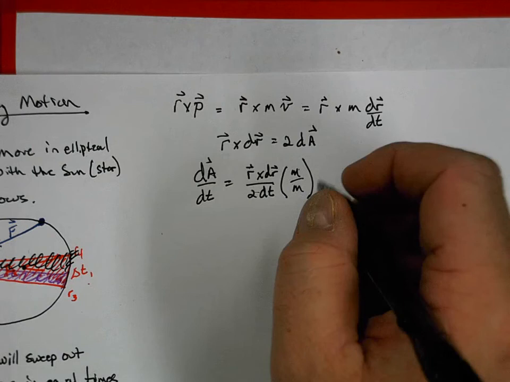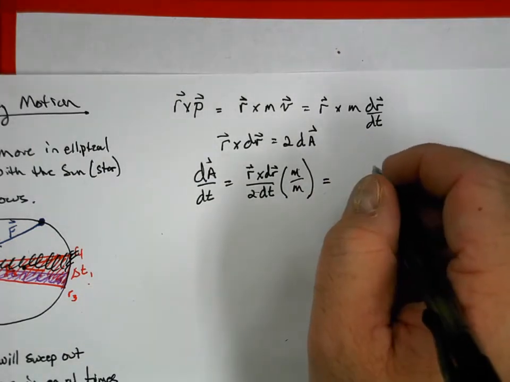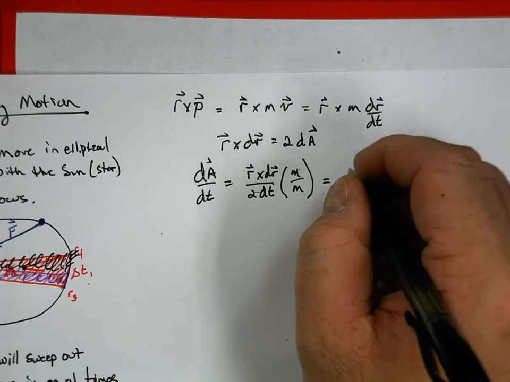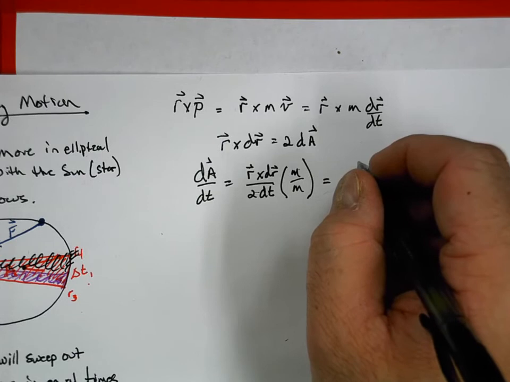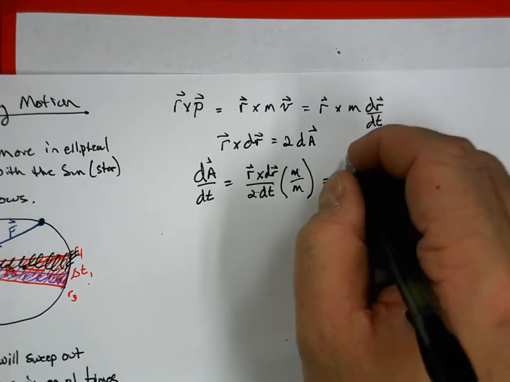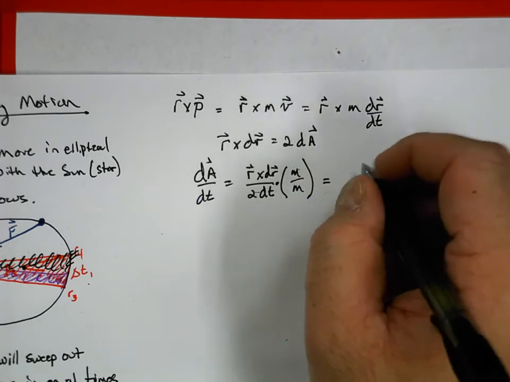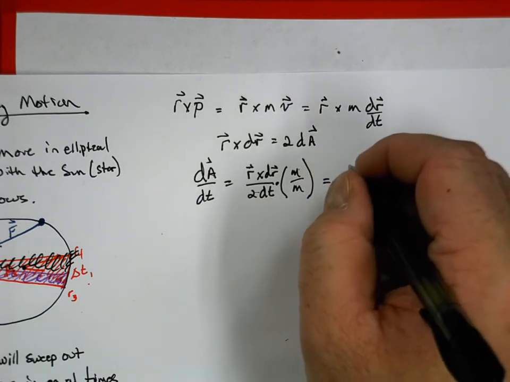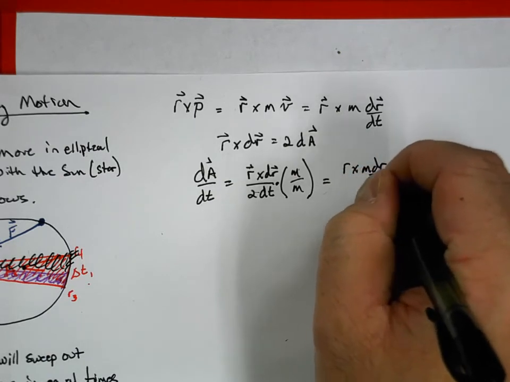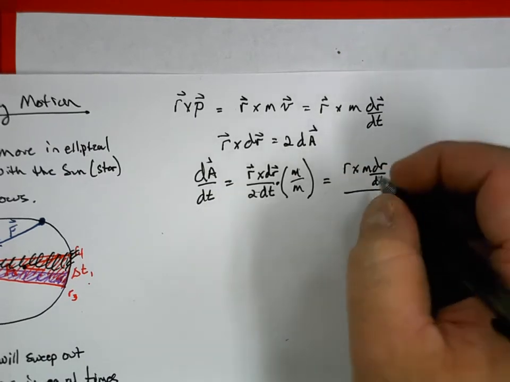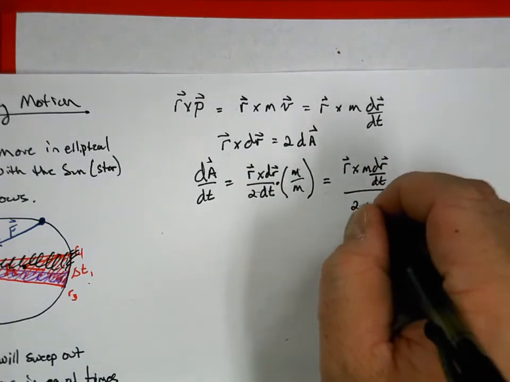This can give us, we're going to take a little liberty here. We're going to multiply this by mass over mass. And when we multiply by mass over mass, we get R cross M dr/dt over 2m.